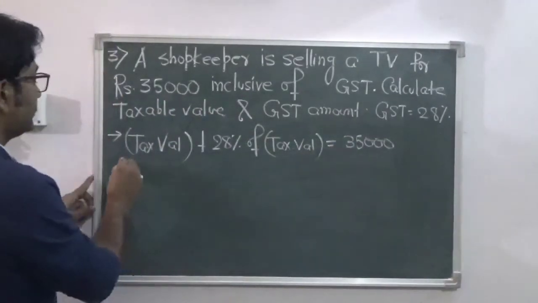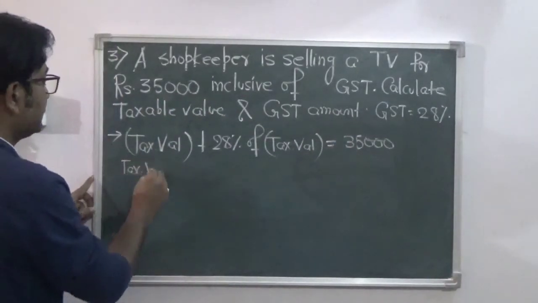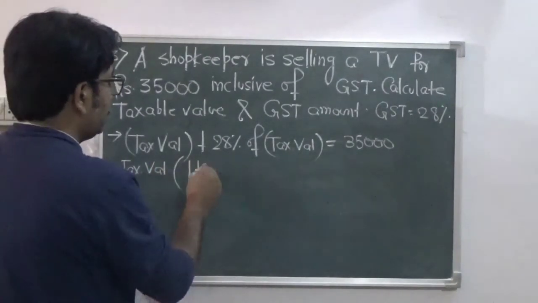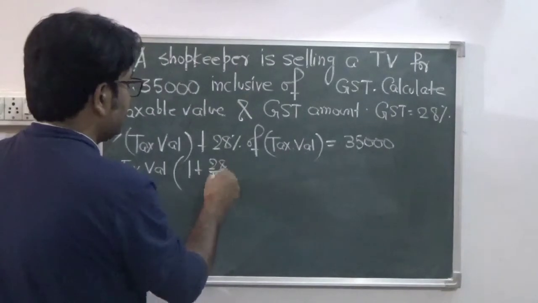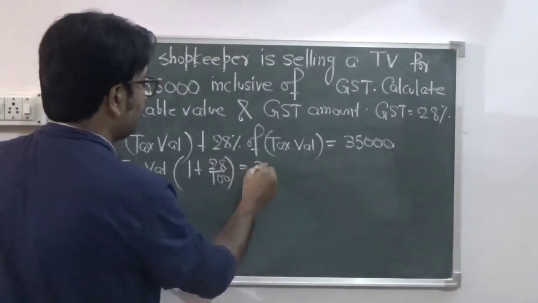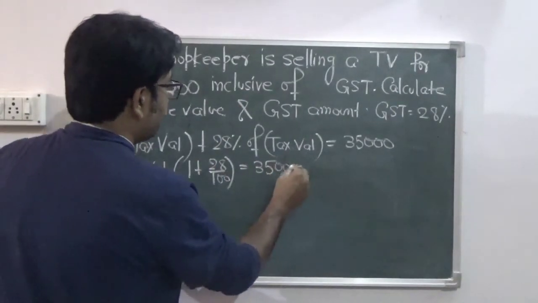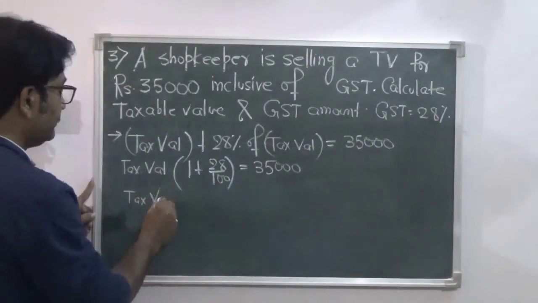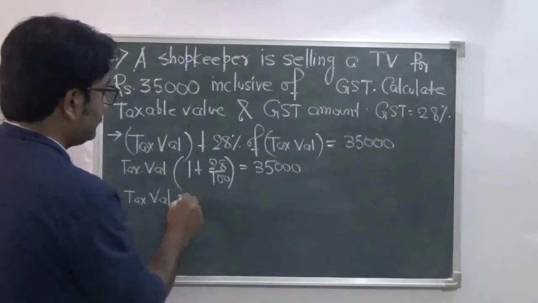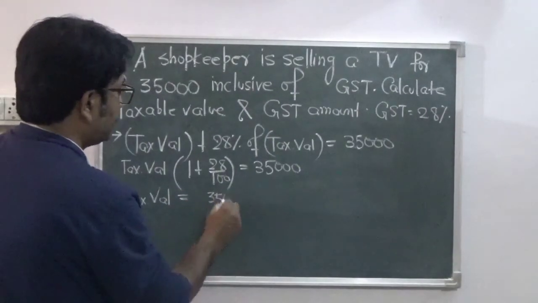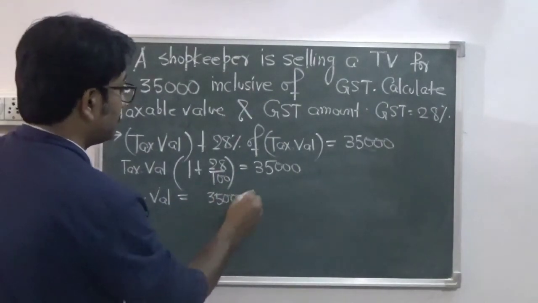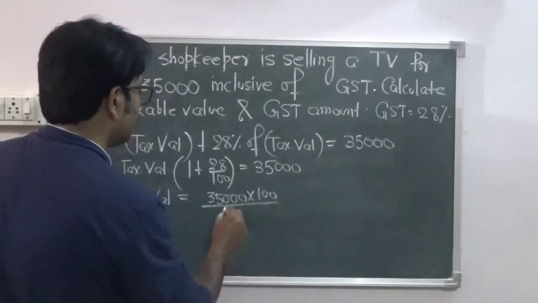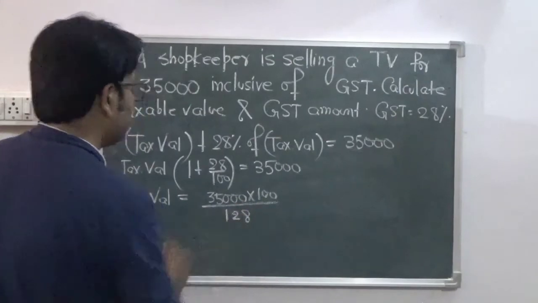So you can write taxable value into 1 plus 28 by 100 equals 35,000. So taxable value will be equal to 35,000 into 100 divided by 128.